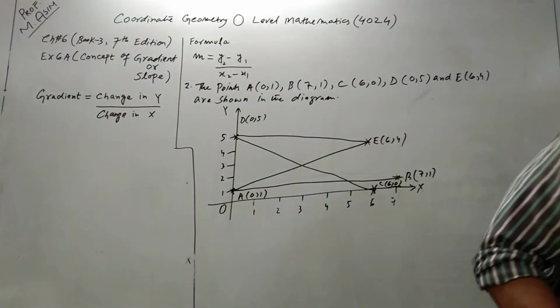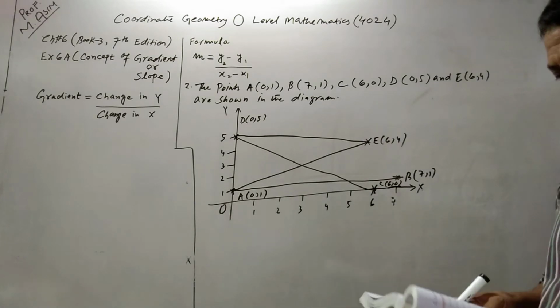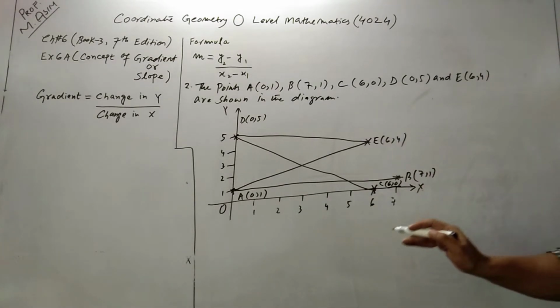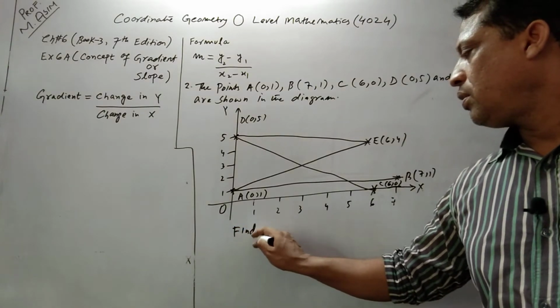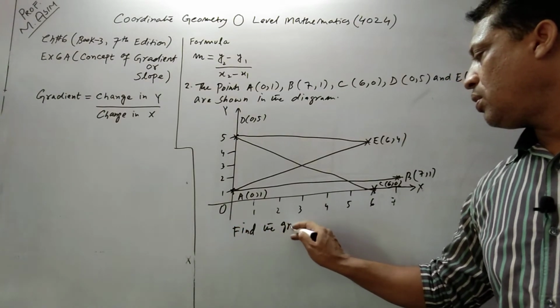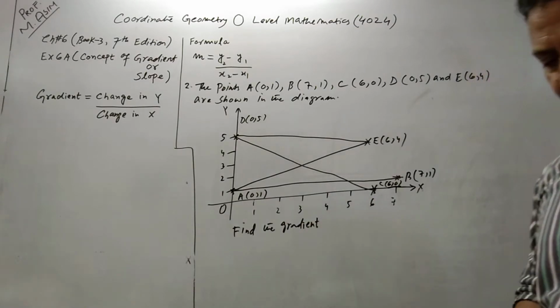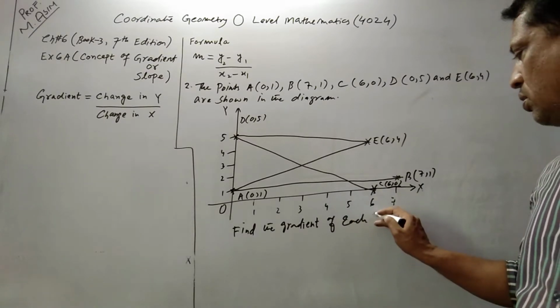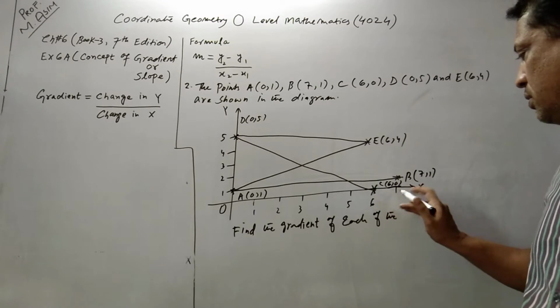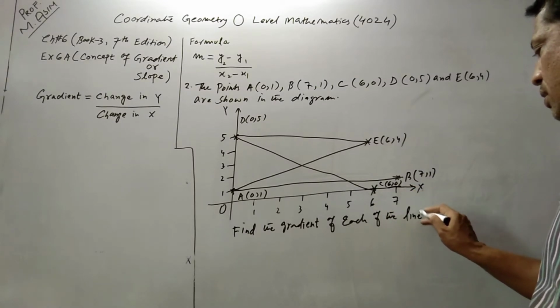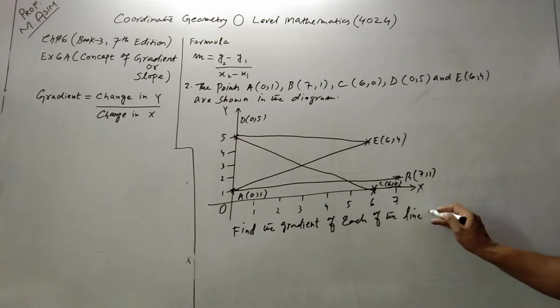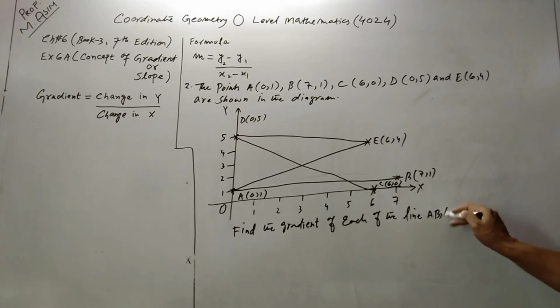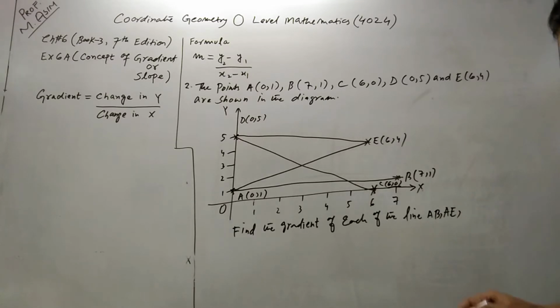The requirement is: find the gradient of each of the lines AB, AE, DC, DE.